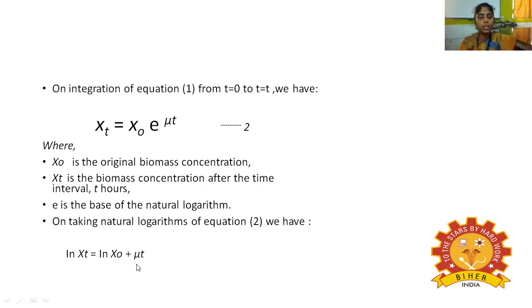The slope value gives you mu, the specific growth rate of a particular organism, which contributes to product formation.